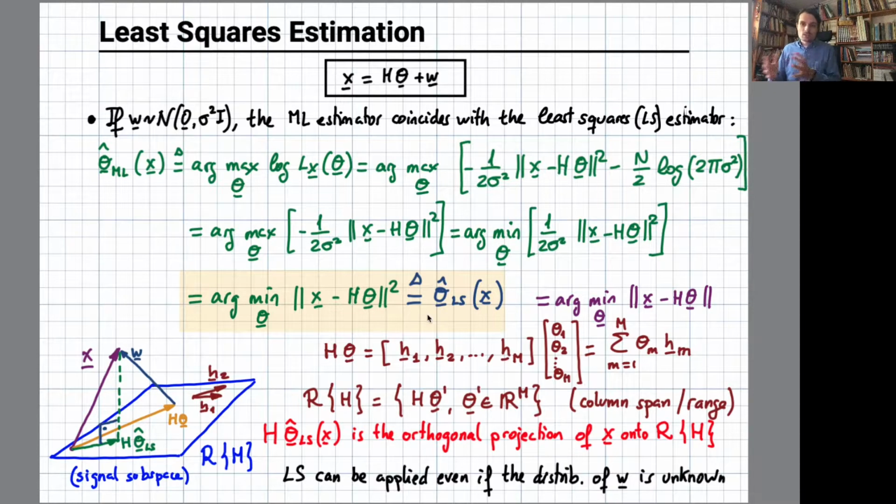And the maximum likelihood estimator is, by the properties that we are going to see, asymptotically efficient, right? So that is much stronger, right? So we see that the more we know about W, the more we can come up with an estimator with stronger warranties. But at least it is good to know this one that can be applied no matter what.